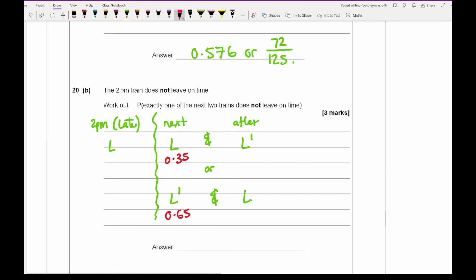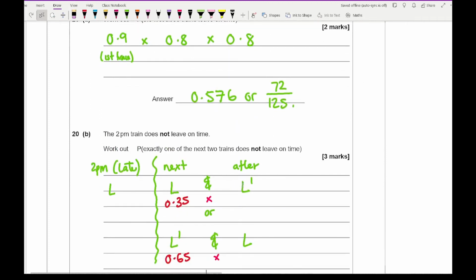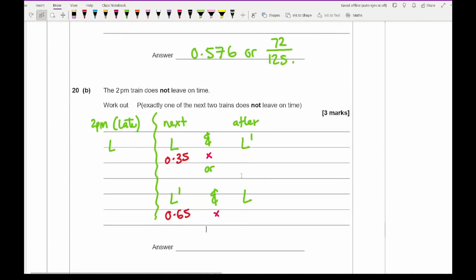And means times. Now, if the previous train is late, then the probability that the next train is not late is going to be 0.65. Now, if the previous train was late, the probability of the other train being late is going to be 0.2.